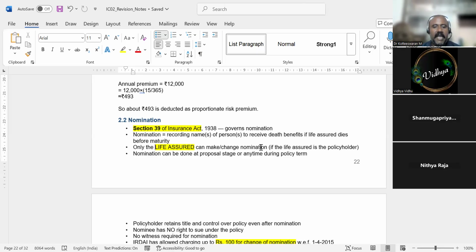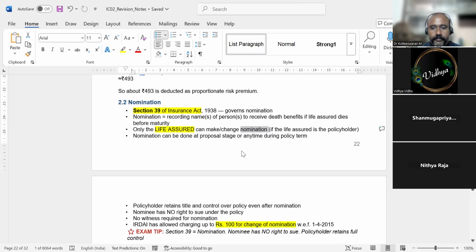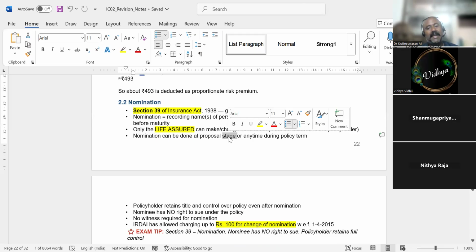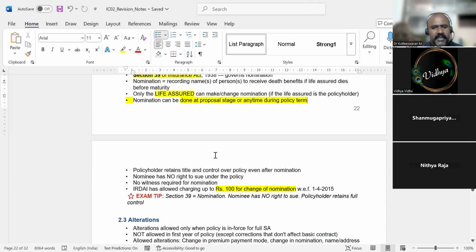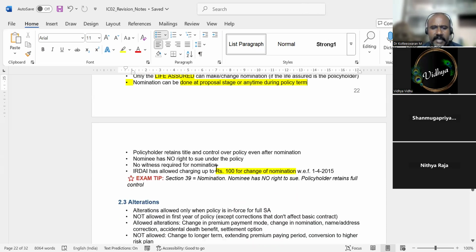So only the life assured can make the nomination change. Nomination can be done at the proposal stage and at any time during the policy. If you forgot to give the nomination at the start of the policy, you can add the nominee anytime during the policy term.